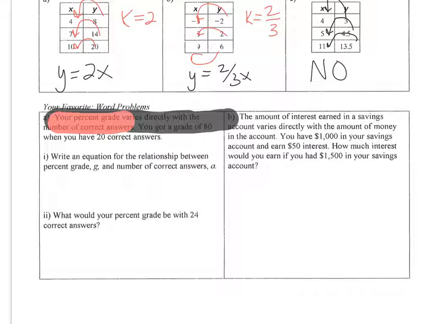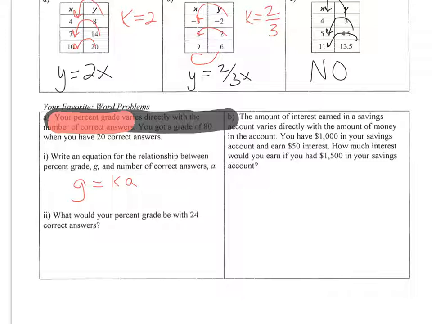So I'm going to write an equation for that. Grade varies directly means G equals K times the number of correct answers, A. Varies directly means you write an equal sign, then K, and then multiply it by the variable after that.